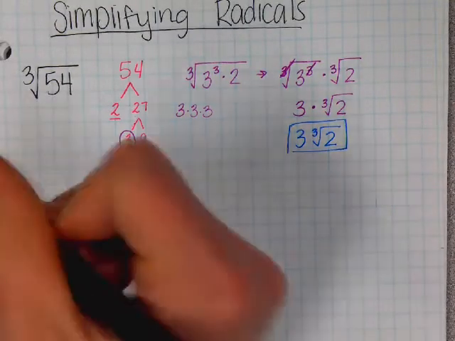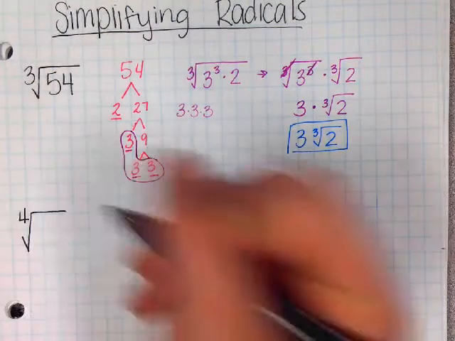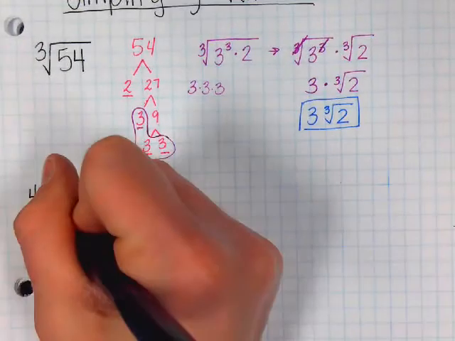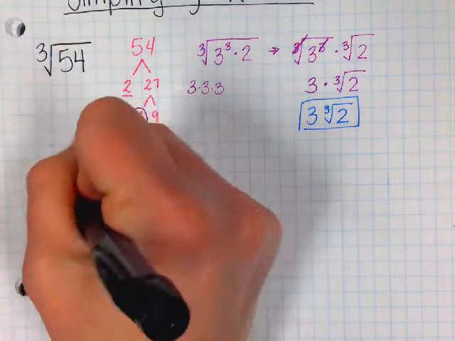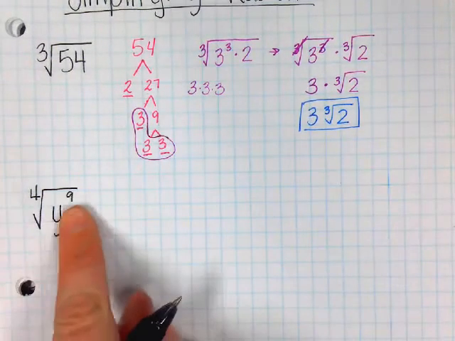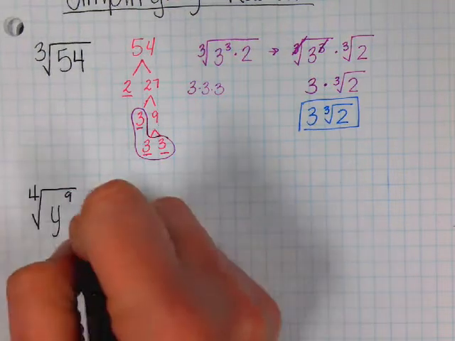All right, so for the next example, let's do one with variables. Remember, the index doesn't always have to be a 3. This time let's do a 4. So let's do the fourth root of y to the 9th. Remember, y to the 9th means I have 9 y's multiplying.